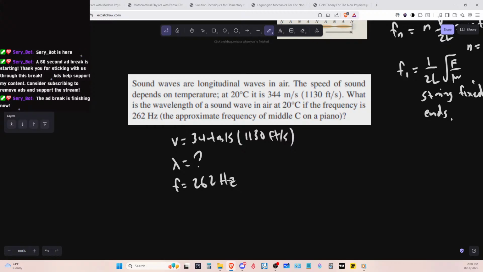With hertz, it's always cycles per second. So we have to find the wavelength, and the wavelength is equal to V over F. It's just purely algebra at this point.